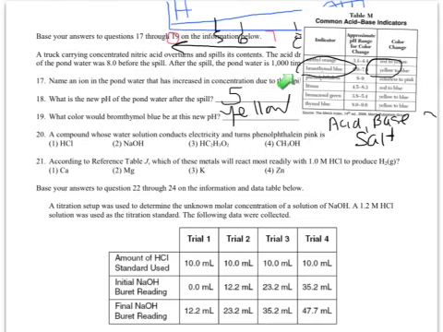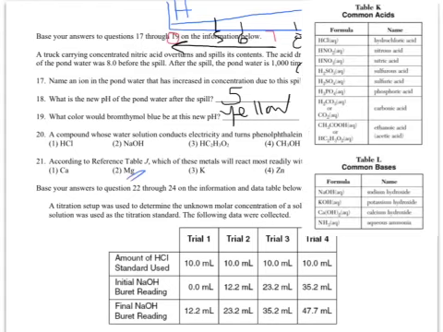Phenolphthalein is here, and if the color is pink, since pink is the rightmost color, it's going to have the rightmost pH or higher. So at a pH of 9 or higher, you would expect a base. So then we're going to refer to reference tables K and L to see if we can locate the formula of a base. Here we're going to look under the common bases, and again you'll notice that sodium hydroxide is a common base, which is choice 2.